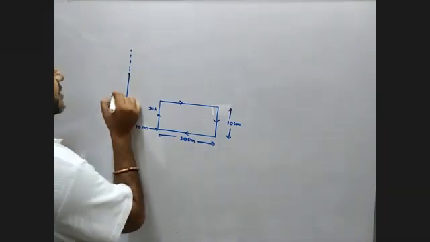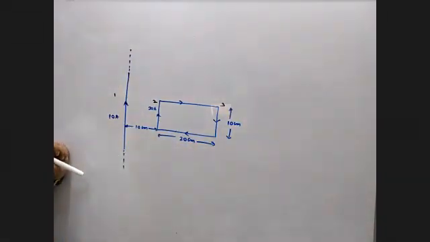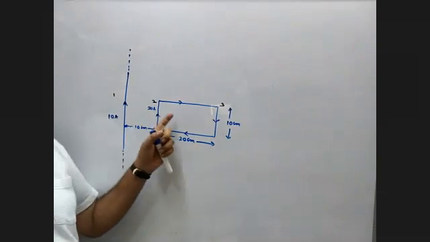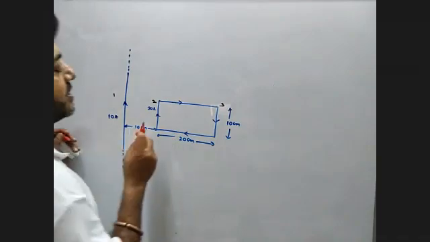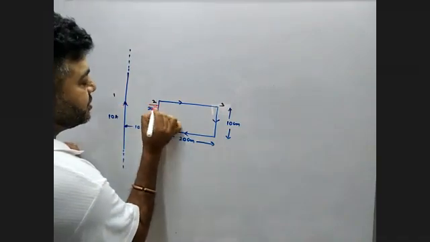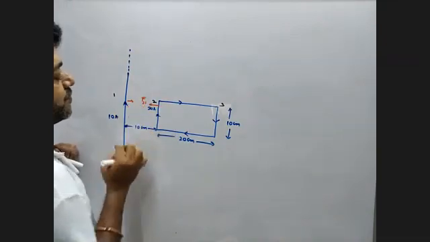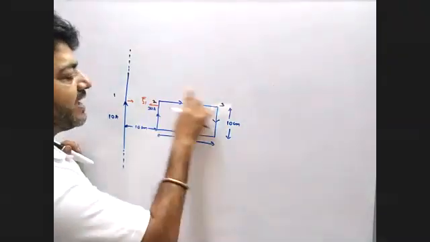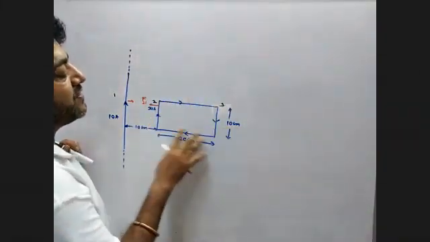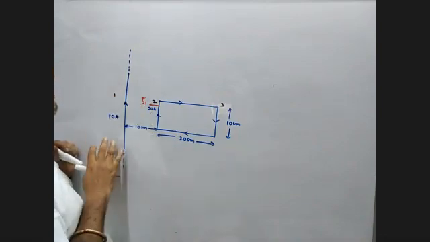Now, suppose this is the first wire, this is the second part, this is the third part. We know if the forces are in the same direction, they are attractive in nature, and if the forces are in opposite directions, they are repulsive in nature. So these two forces are attractive in nature. So I can write force at 2 due to 1. We have to find the net force applied on this wire, so we don't need to calculate the force on the long wire.